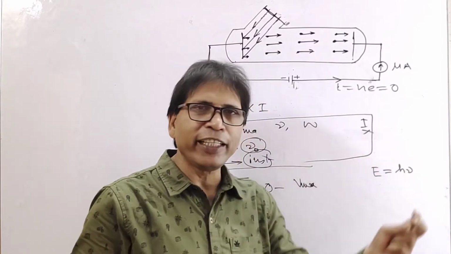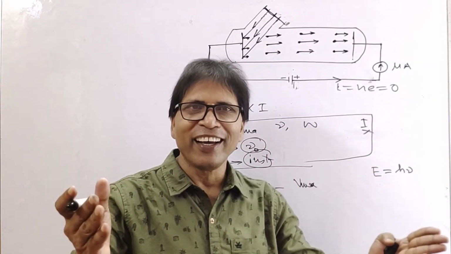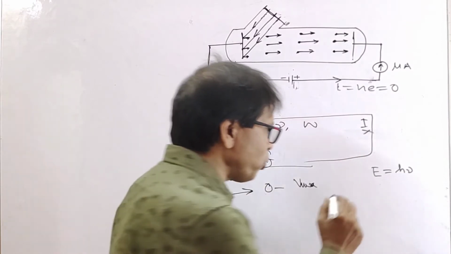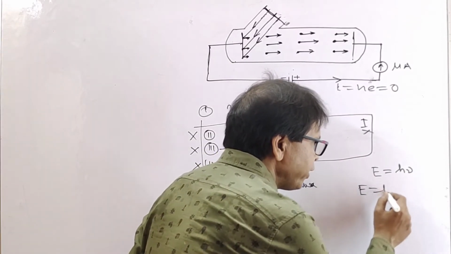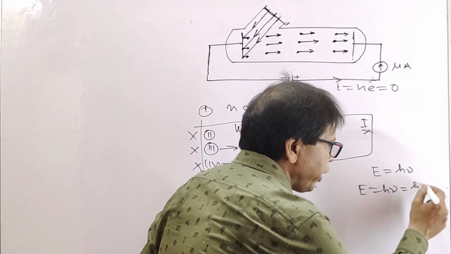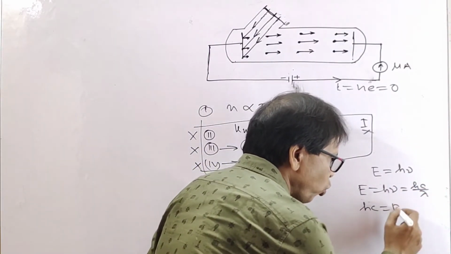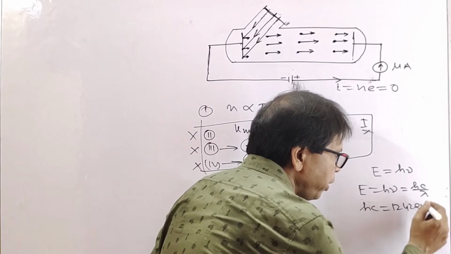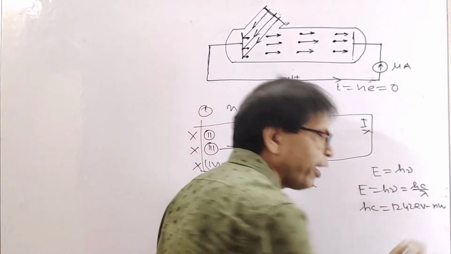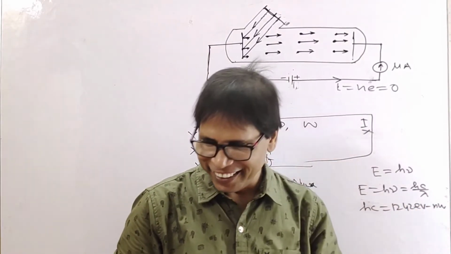This energy packet is known as a photon. So energy of photon is h nu equal to hc by lambda, and hc equals 1242 eV nanometer. Okay, understood?